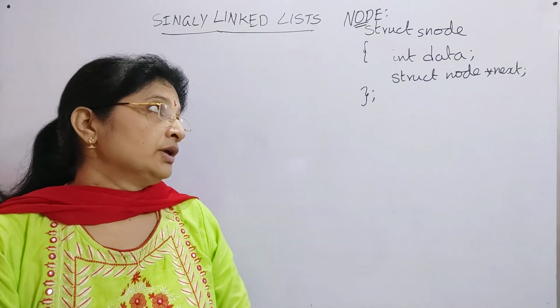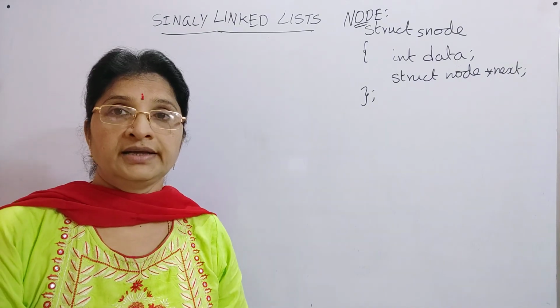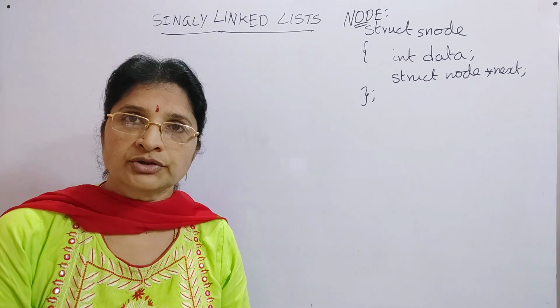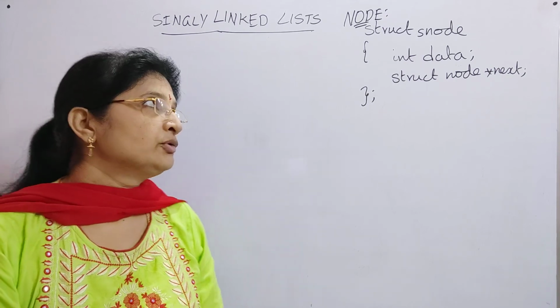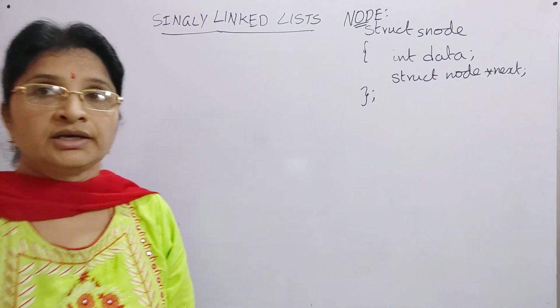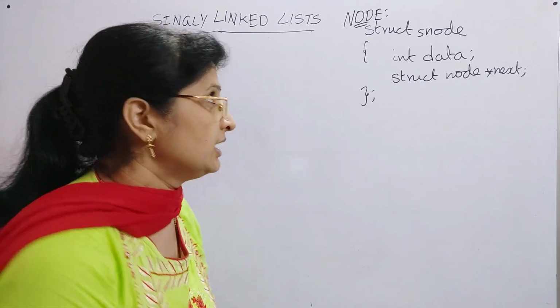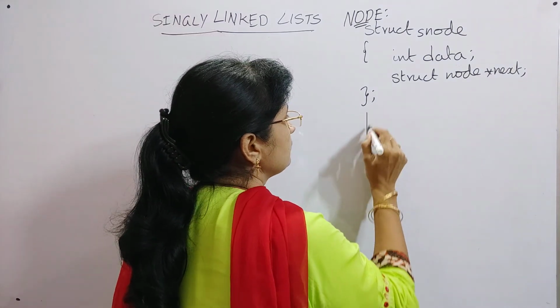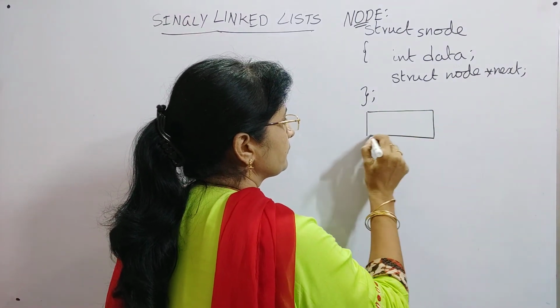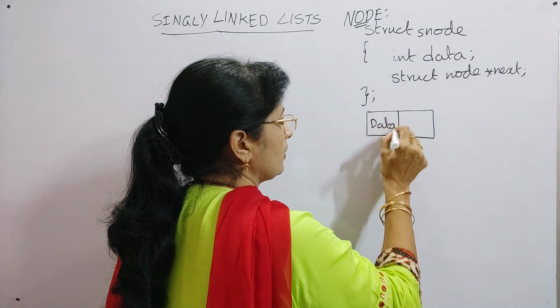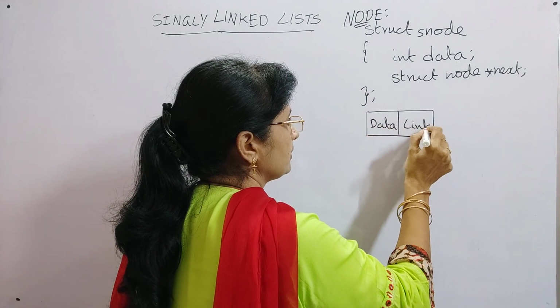So if you want to create a linked list, first of all you have to define a node. You define a node using a structure, because here we have two parts in a linked list node: the data part and the link part.